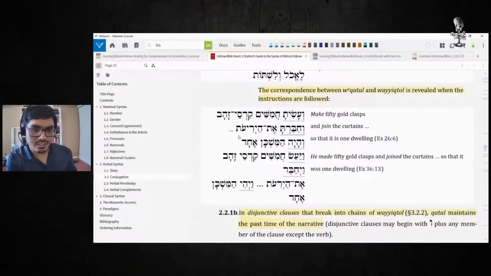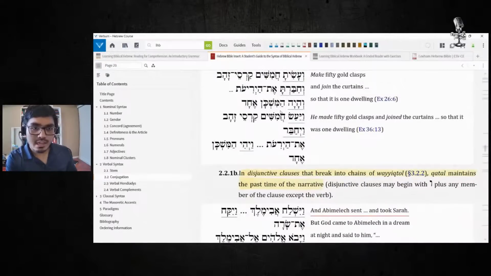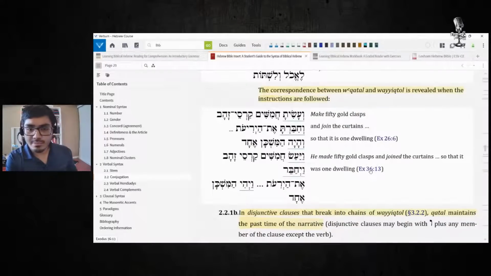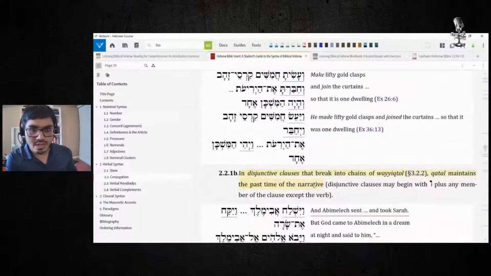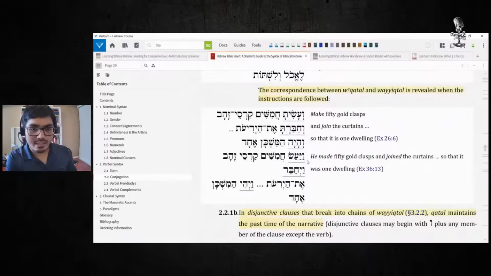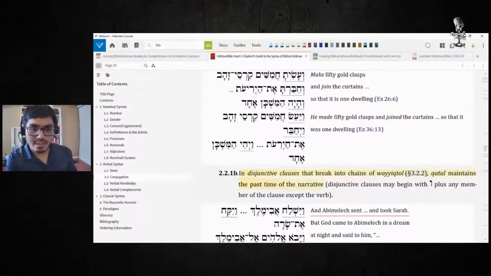And then join the curtains. Vehaya hamishkan echad. And it will be one dwelling. In chapter 36, the instructions are carried out. Vayas chamishim karsei zahav. And he made 50 gold clasps. Vayechaber, and then he joined them. Vayechaber et hayeriot. Vayhi hamishkan echad. And it was one dwelling.